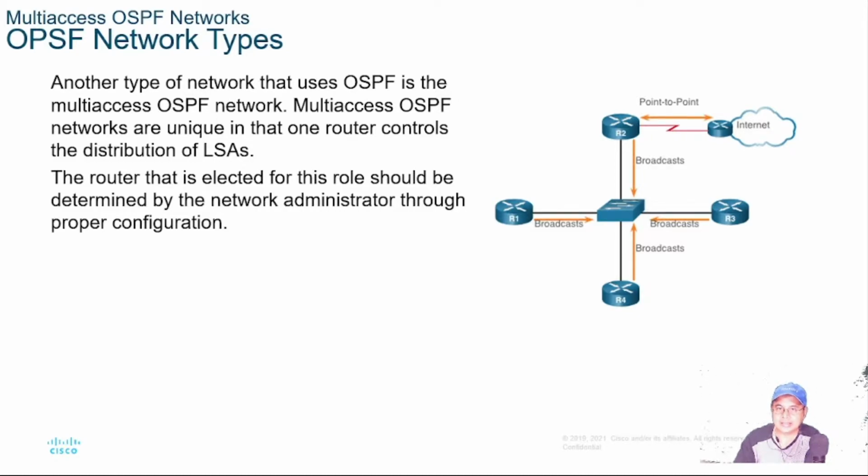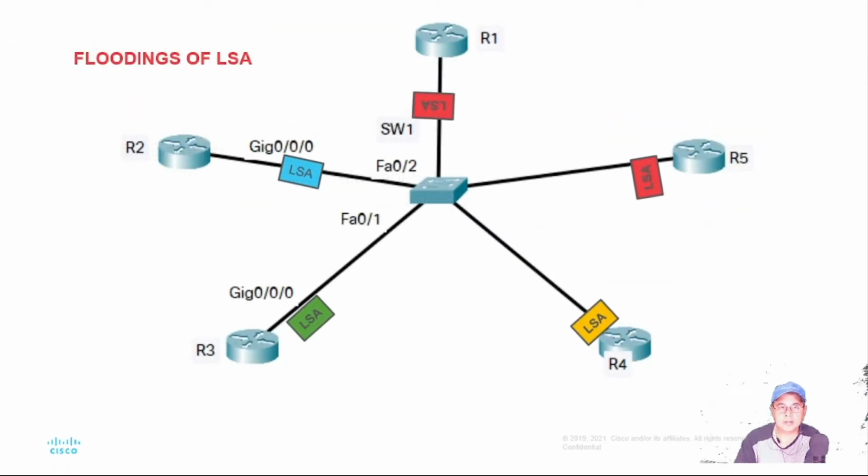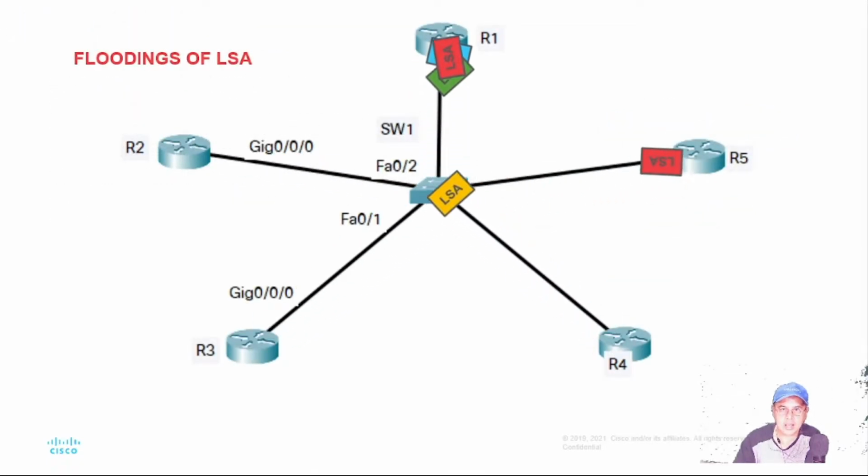As you can see in the topology, the four routers are connected to a common broadcast device, the switch, and it causes a problem of LSA flooding. So this is what is actually happening in a multi-access network.